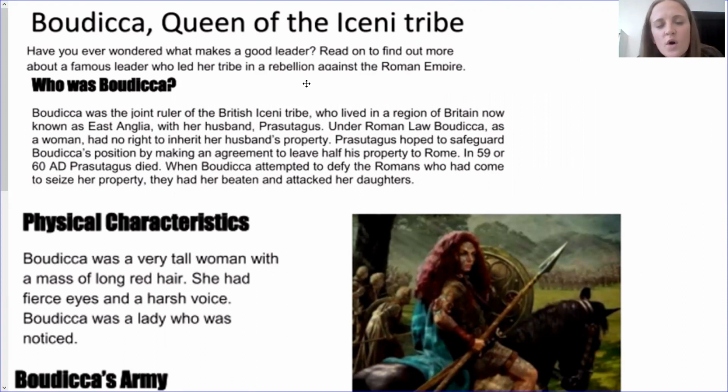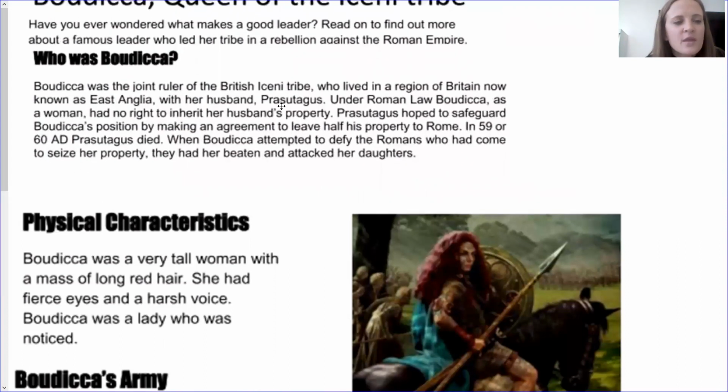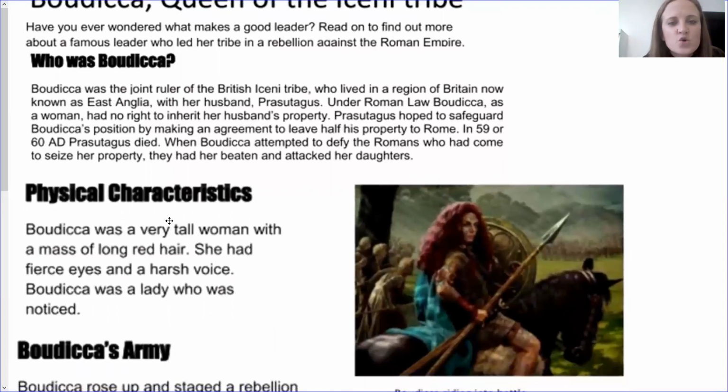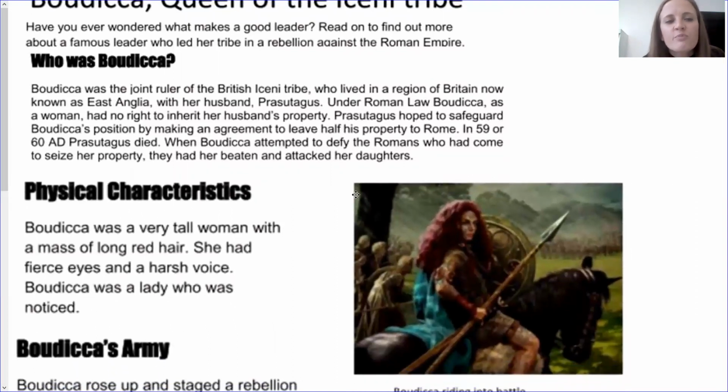Have you ever wondered what makes a good leader? Read on to find out more about a famous leader who led her tribe in a rebellion against the Roman Empire. Who was Boudica? Boudica was the joint ruler of the British Iceni tribe, who lived in a region of Britain now known as East Anglia with her husband Prasutagus.